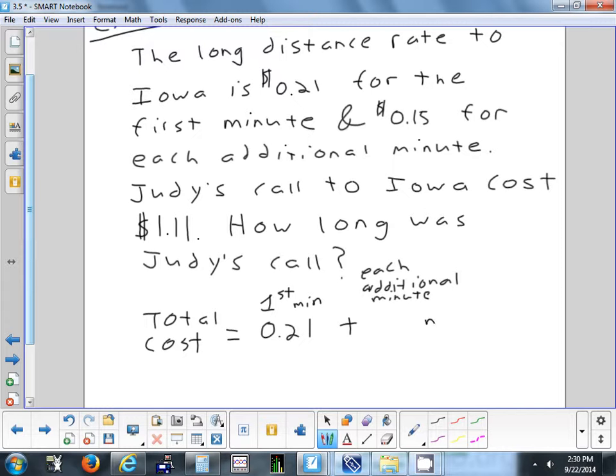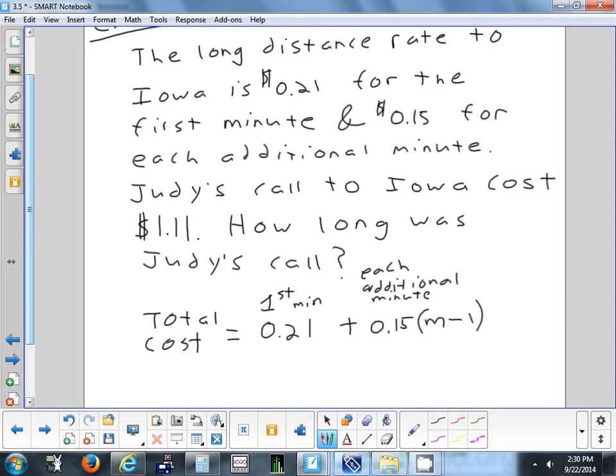So if m is the number of minutes, and each time it's only 1 less than how many I talk, how would I represent that here? If m is the total minutes, and I want 1 less than m. Yeah, m minus 1. And what do you pay for each additional minute? 15 cents, or 0.15.